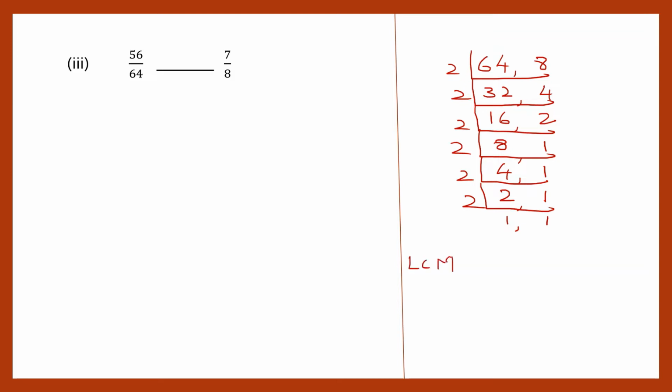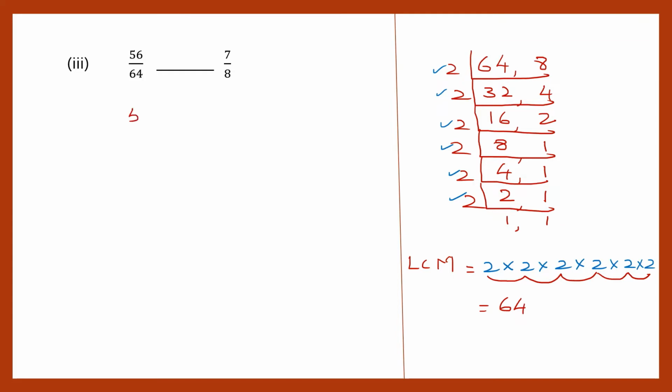Let's see how many 2s we have there: 1, 2, 3, 4, 5 and 6. So let's multiply 6 twos. 2 twos are 4, 4 twos are 8, 8 twos are 16, 16 twos are 32, 32 twos are 64. So the LCM is 64.